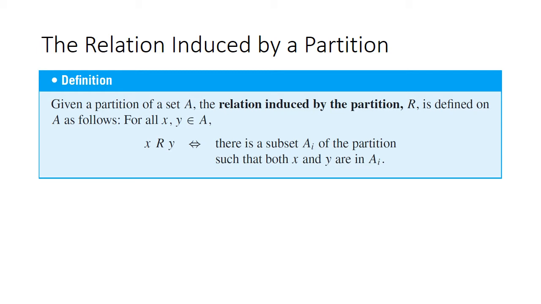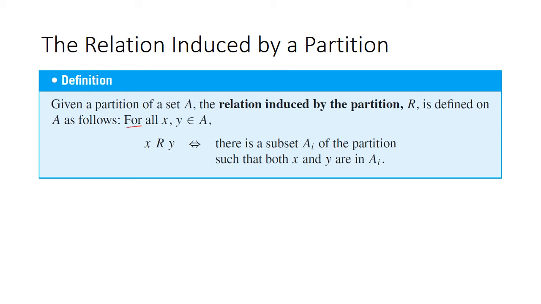We just finished covering relations in the last two sections, and relations are actually highly related to partitions. One of the ways they're related is the following. If you have a partition of a set A, the relation induced by the partition, R, is defined on A as follows.